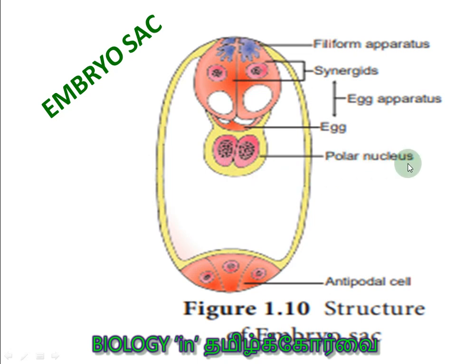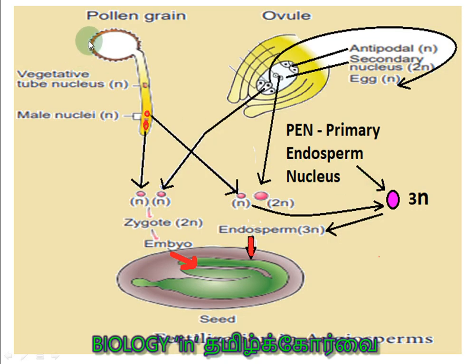So the polar nucleus is going to be the first pair of nuclei which is going to start the entire process of endosperm formation. And here you can see this slide, which I previously discussed in part 1 itself, and here I just want you to recollect what we have learned in angiosperm endosperm part 1.